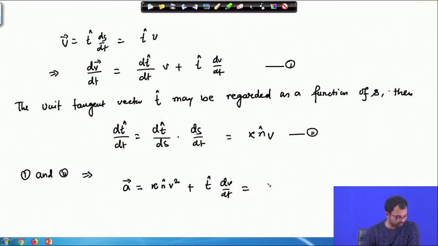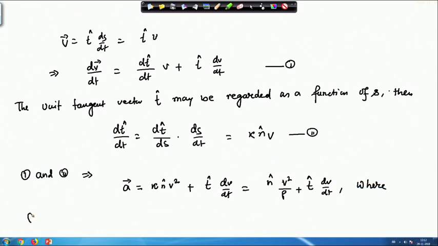And I can write kappa n as 1 by rho. So, this can be written as n cap times v square by rho plus t times dv/dt, where rho is the radius of curvature.